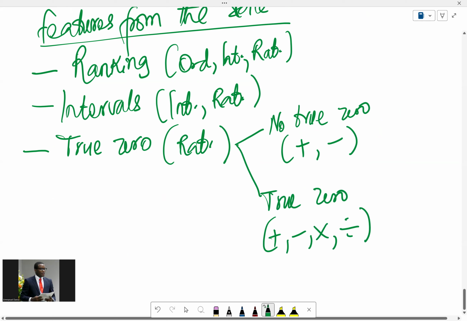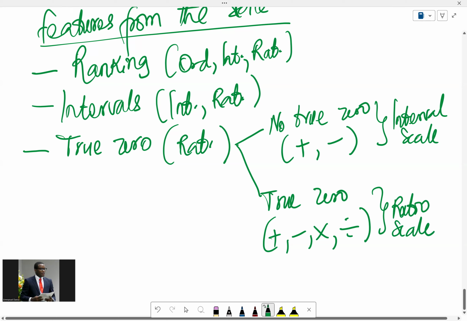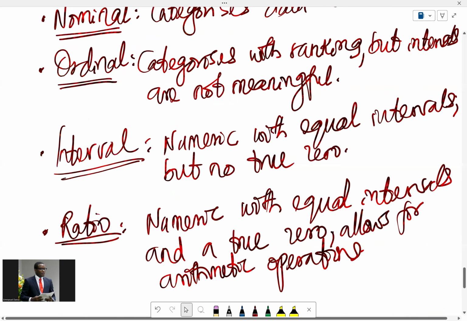Interval scale works here, and then only ratio scale features here. Ratio scale can take all four. So for true zero, no true zero is interval scale, right? Like we see. Okay, so that's some kind of summary.